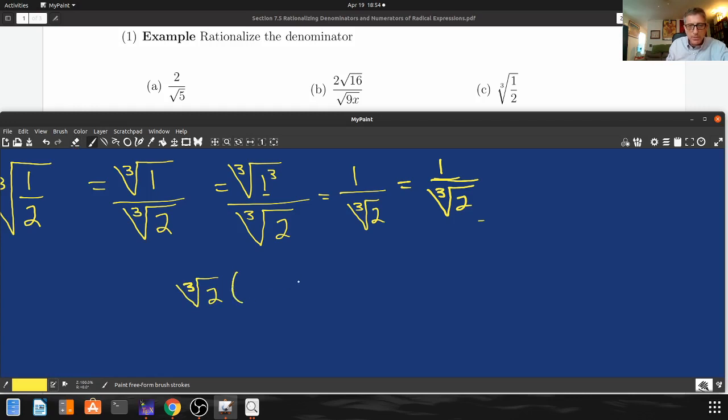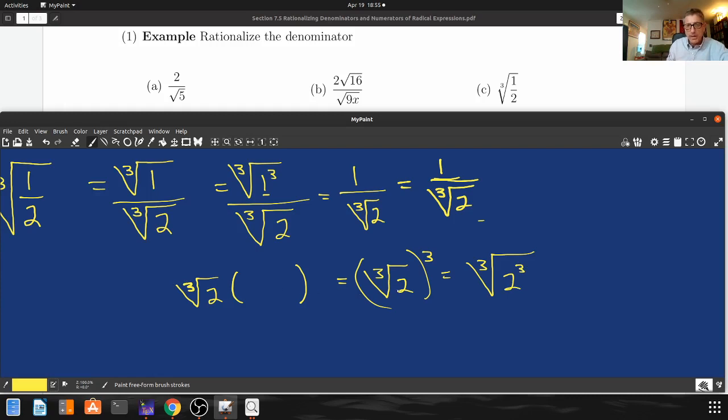I want to multiply it by some radical so that I get the cube root of 2 cubed.